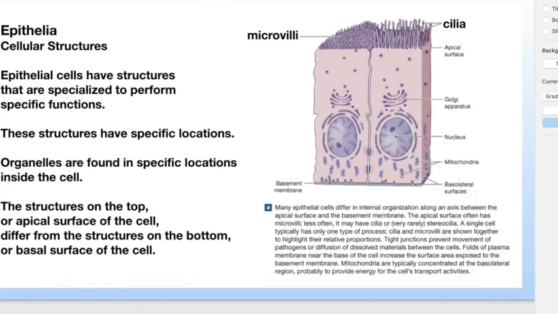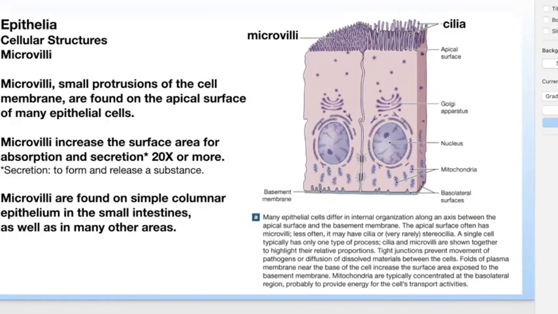Epithelial cellular structures are specialized to perform specific functions. These structures have specific locations. Organelles are found in specific locations inside the cell. Structures on the top or the apical surface of the cell differ from the structures on the bottom or the basal surface of the cells. Microvilli are found on the apical surface of many epithelial cells.